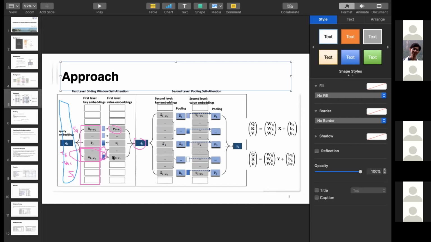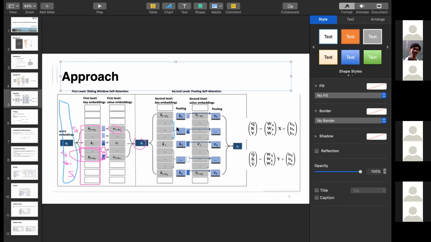On the second level, it applies pooling, because it applies a larger window and uses pooling to aggregate the information together to minimize the computation. Let me think about it. You have the pooling. Can you mark the range to apply pooling? Actually, this one is the range to apply pooling.